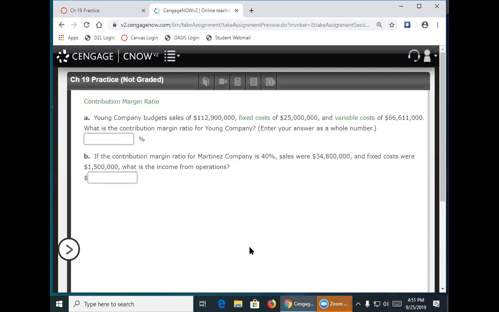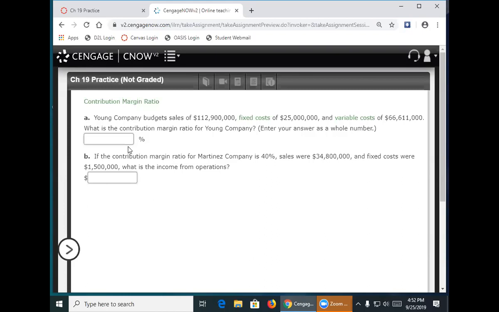But to calculate the contribution margin ratio, we're actually going to take that 46 million, 289,000 and divide it by total sales. So 46,289,000 divided by 112,900,000. How much? 41%.